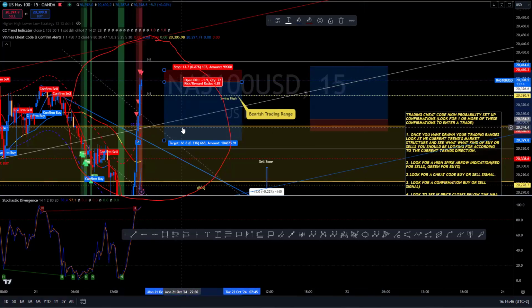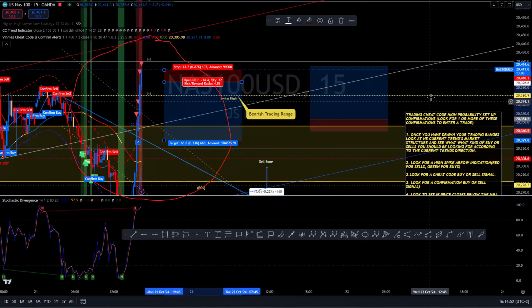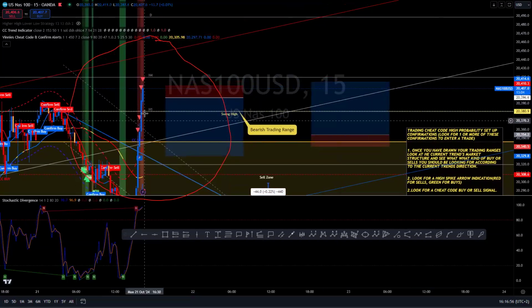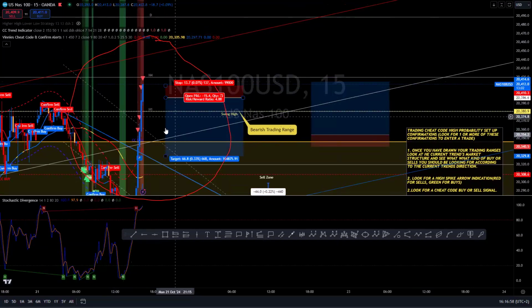But in this case, no, I don't trust it. That's why I'm holding my hands. And they can buy up all the way up here and do what they want, but it can still reverse on it.